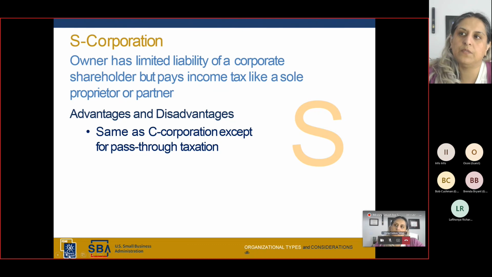And then the owners of the S Corp and the C Corp have similar requirements, such as having the board. Again, the only real addition to it is filing that IRS form 2553. So, next slide.